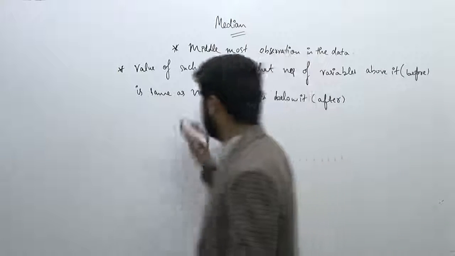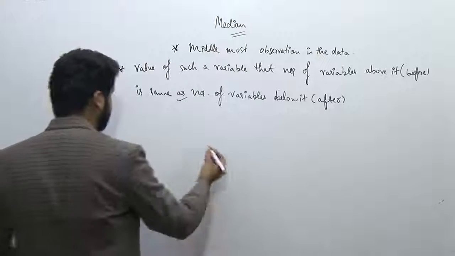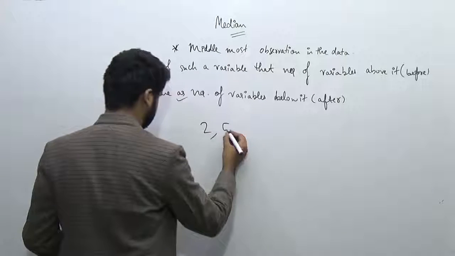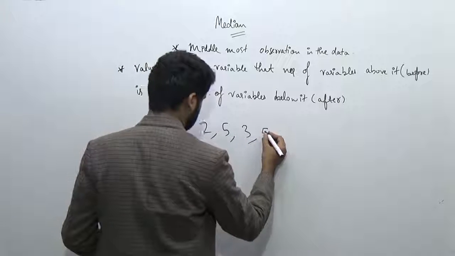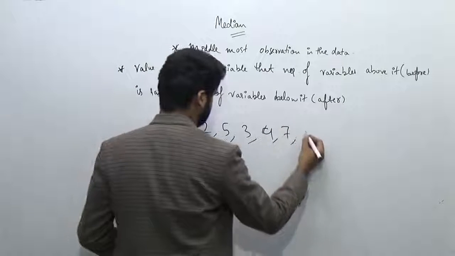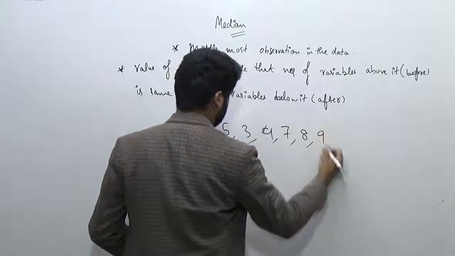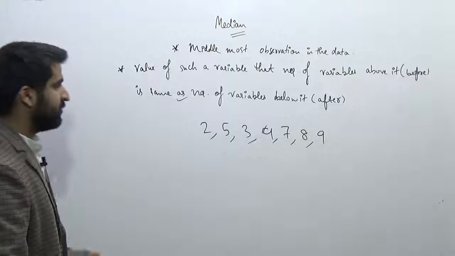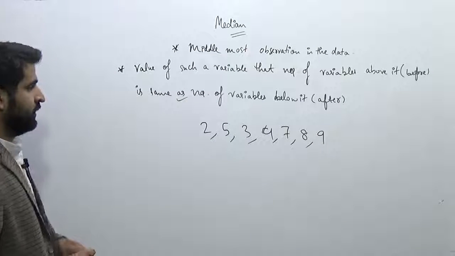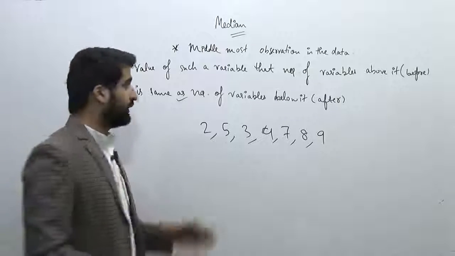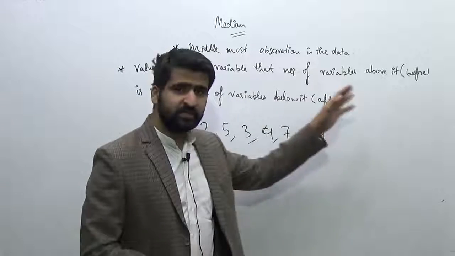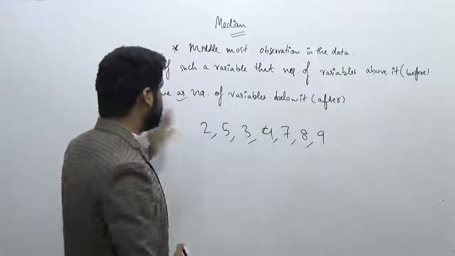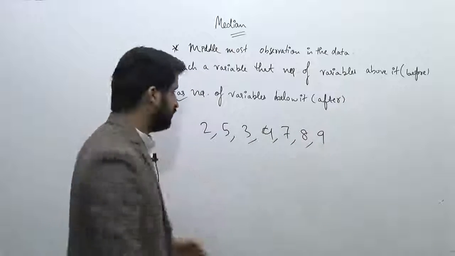So guys, let's stick to this definition and tell me what will be the median of this one. Can you tell me what is the median of this one? What I told you here is the number of variables above it or before it is equal to the number of variables below it or after it.